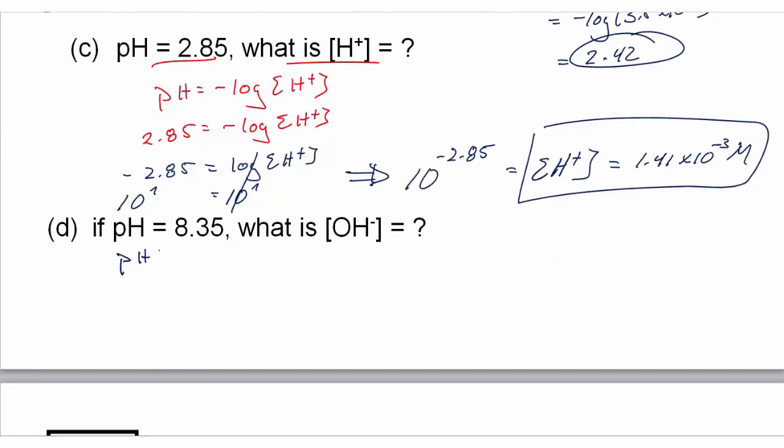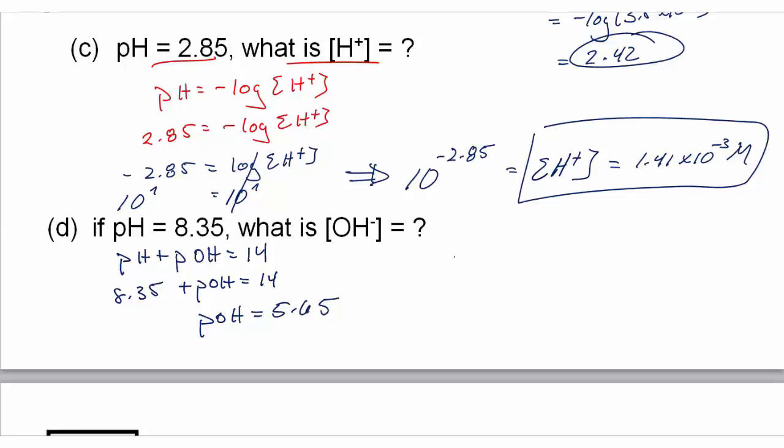pH plus pOH is 14. pH is 8.35. So my pOH has to be 14 minus 8.35, about 5.65.